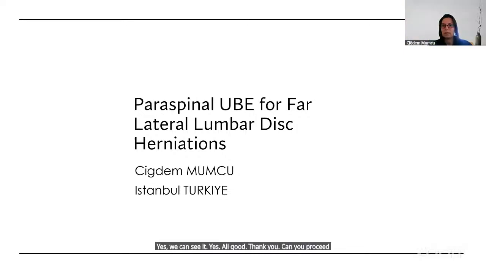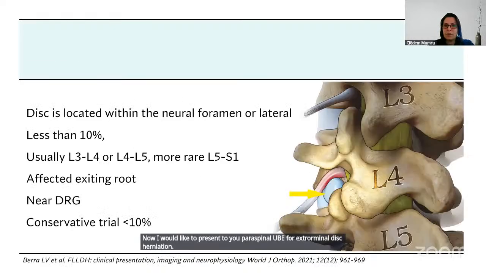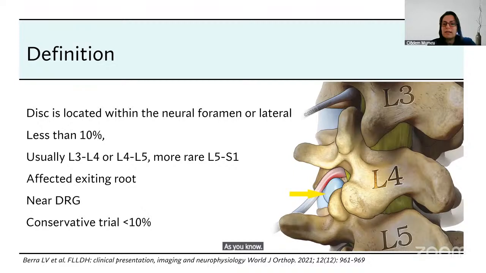Thank you. Okay. Hi, dear colleagues. I'm Dr. Çiğdem Mumcu from Turkey. Now I would like to present to you paraspinal UBE for extraforaminal disc herniation. As you know, far lateral disc herniation is not within the spinal canal, but outside the canal.